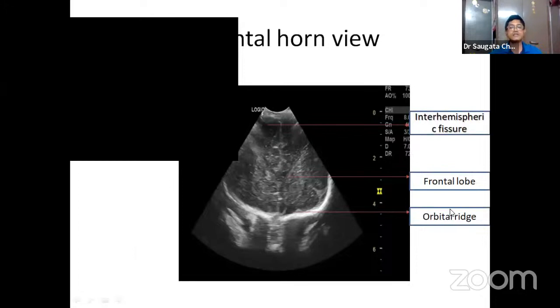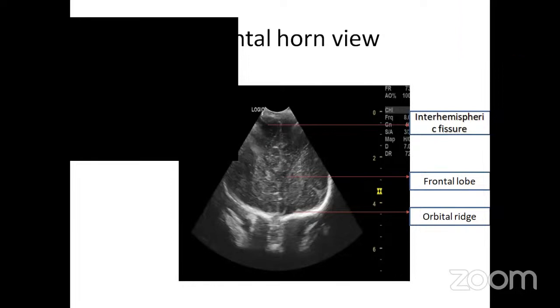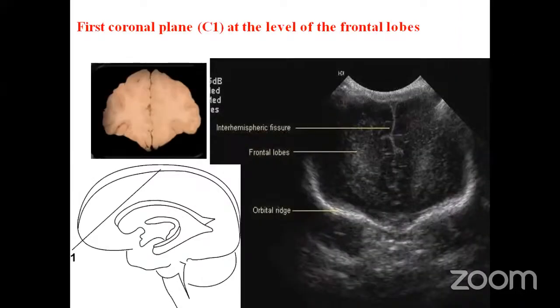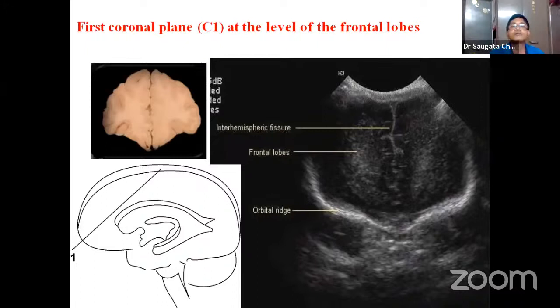So it is called the C1 image. In the C1 image, you can understand the interhemispheric fissure, frontal lobe, and orbital ridge.